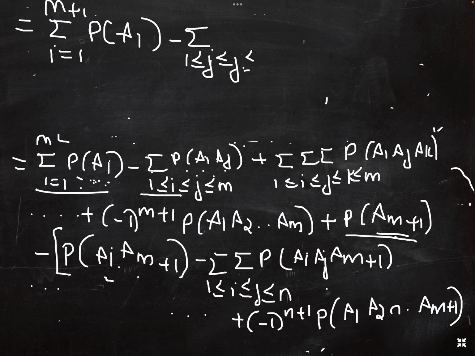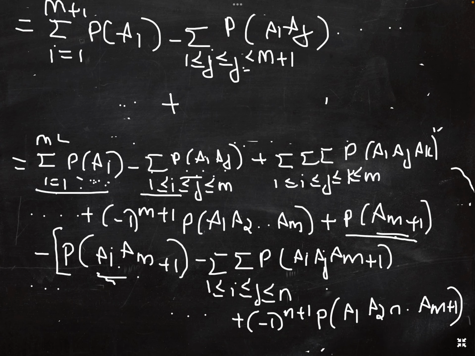That is, we write p of ai aj, and this term is also included here, etc.